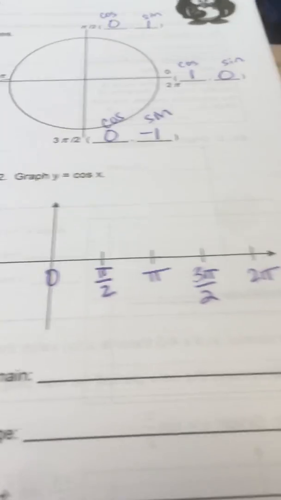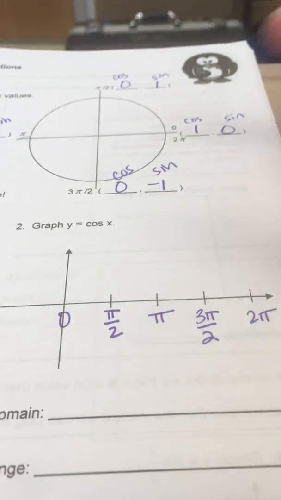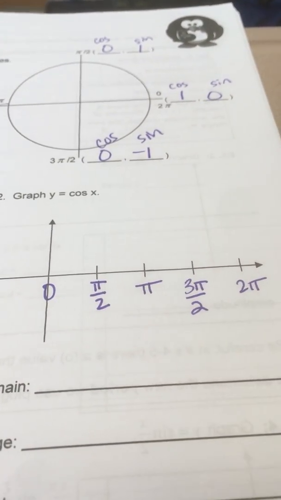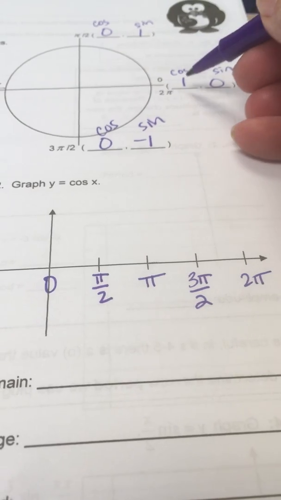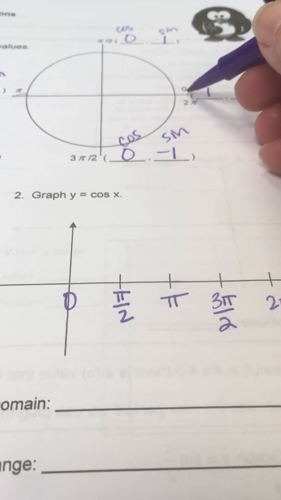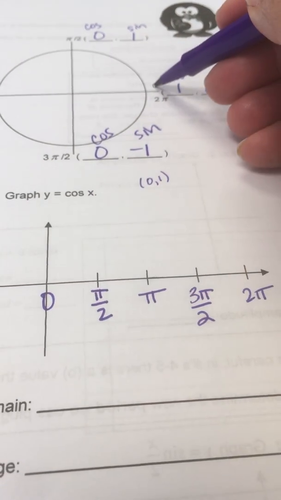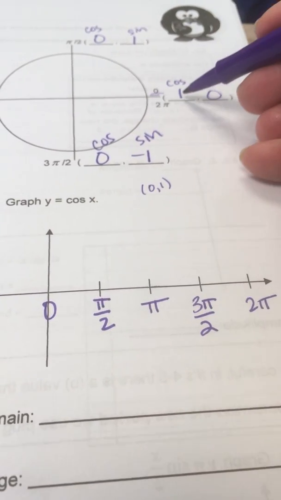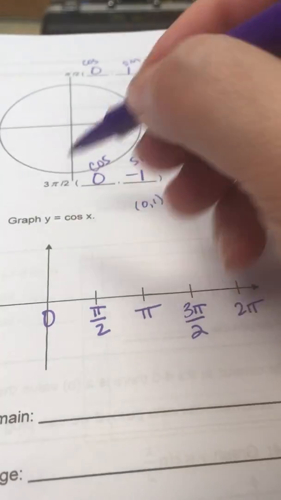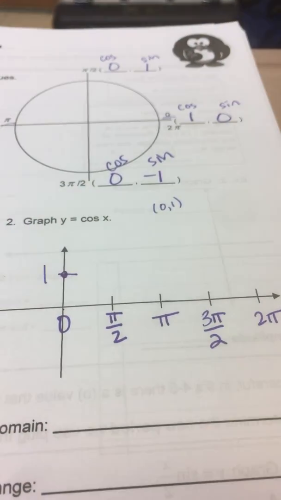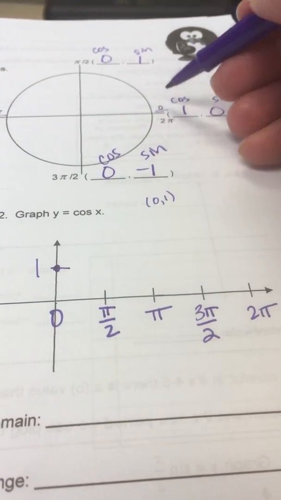So I'm going to stay over here and start with the cosine. Don't know why I didn't put this first, but cosine first. When I'm at 0, it's like having the ordered pair 0, 1, so the cosine value starts up here at 1.